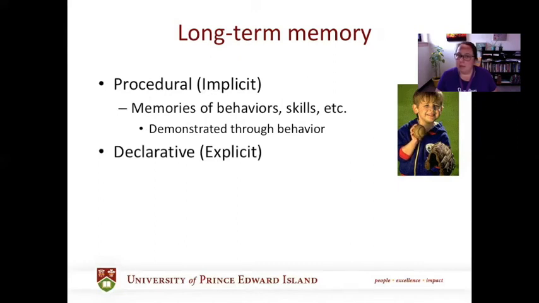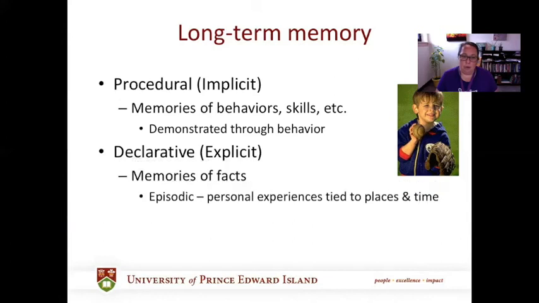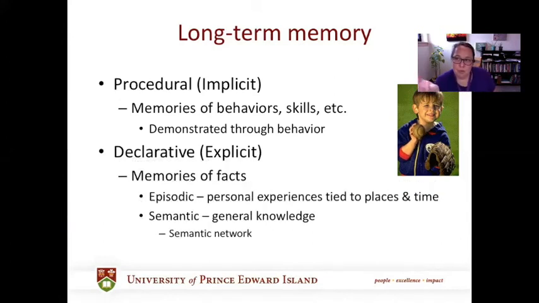And then we have declarative, or what we call explicit memory. These memories are both semantic memories for facts about the world and episodic memories, memories for things and events that have happened. And these are all stored in long-term memory. One popular view of how we store all this information is semantic networks, or networks of associations.